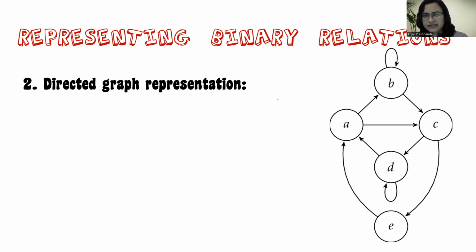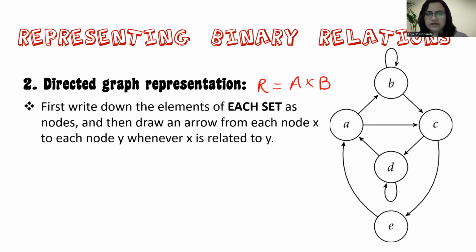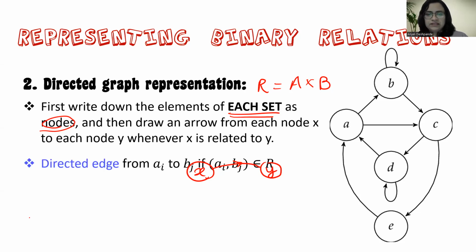So in order to represent a relation R on a set A cross B, first write down the elements of each set as nodes and then draw an arrow from each node X to node Y if X comma Y is a tuple in the relation R. The directed edge from Ai to Bj will be present if Ai comma Bj is an element of the relation R. So as you can see in the figure, the directed graph for a particular relation is shown.